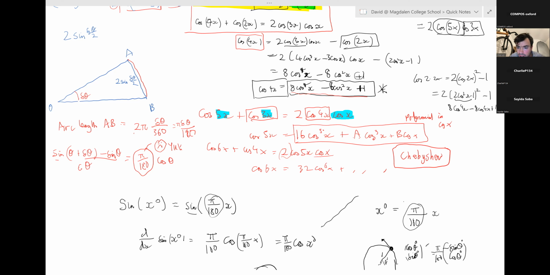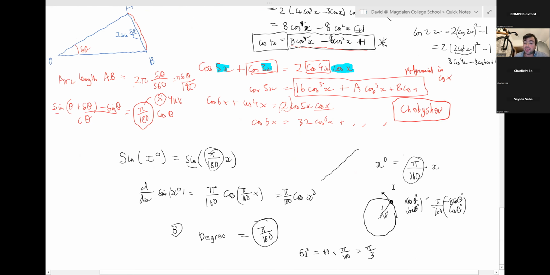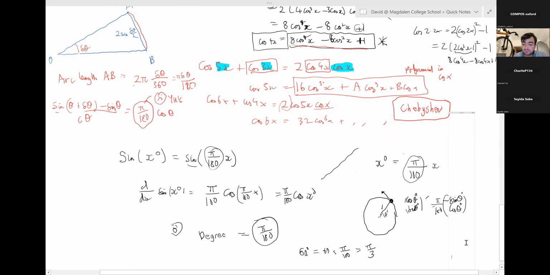This was problem 12. Find the equation of a line which is tangent to both y equals x squared plus 3x and y equals x squared minus x.